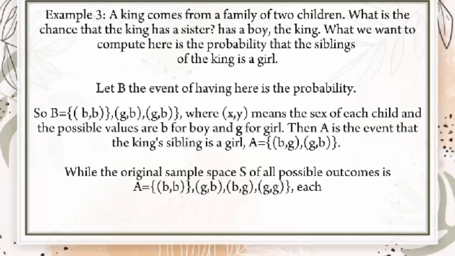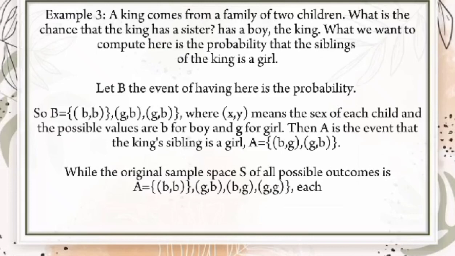Then A is the event that the king's sibling is a girl. A equals {(B and G), (G and B)}.